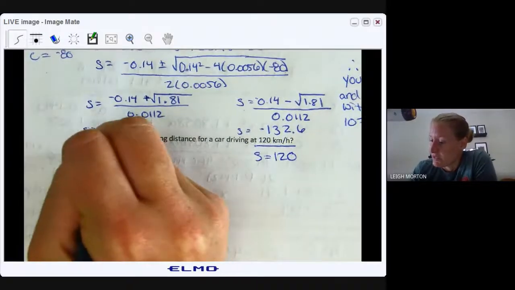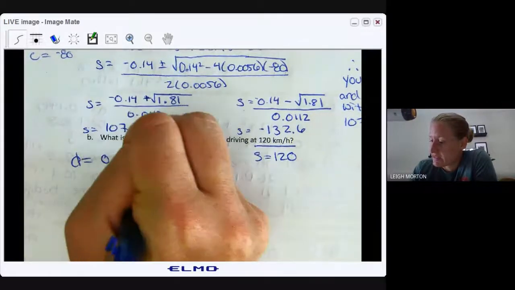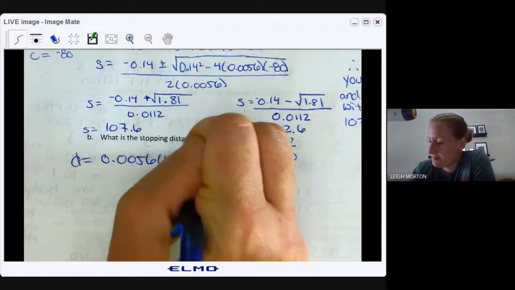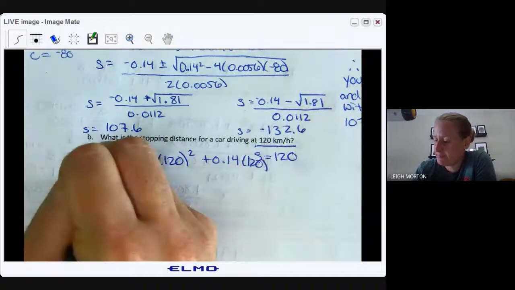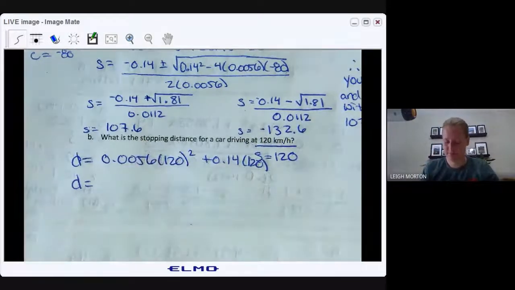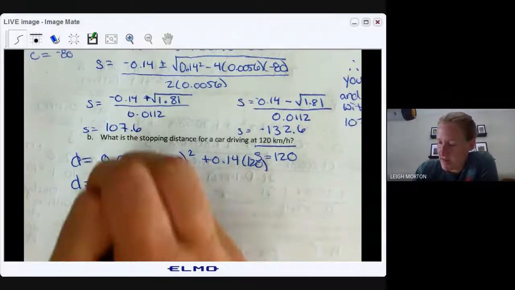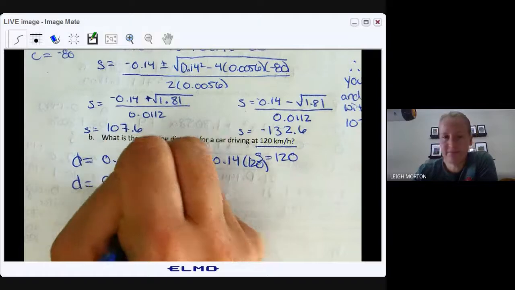Right, so d equals 0.0056 times 120 squared plus 0.14 times 120. Which gives me 97.44.